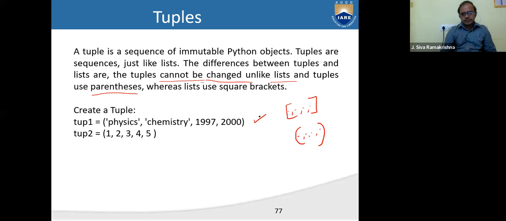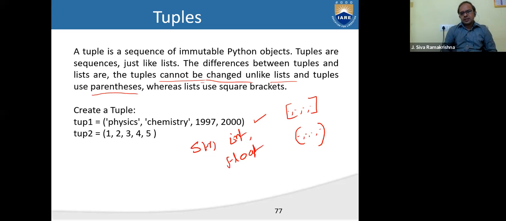Similar to a list, a tuple also consists of heterogeneous elements. They need not be homogeneous. You can have a string data type, an integer data type, a float. There is no need for elements of a similar data type only.